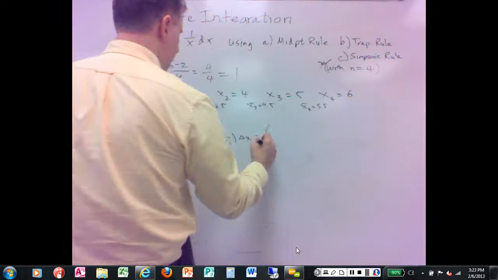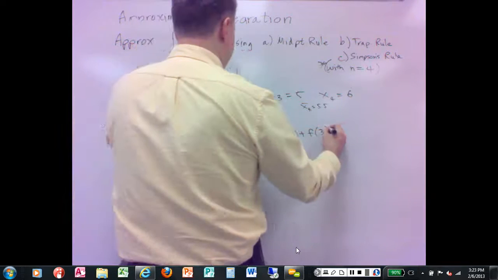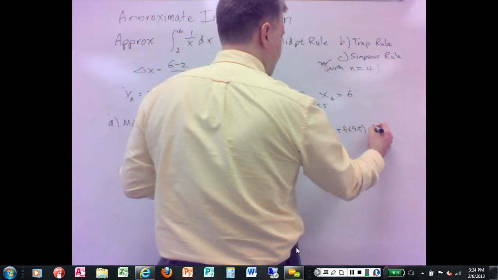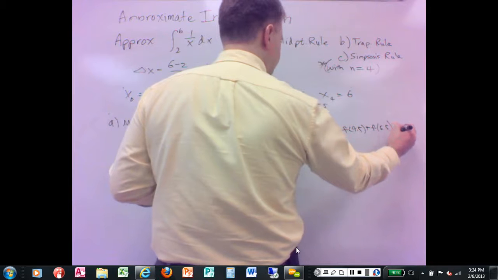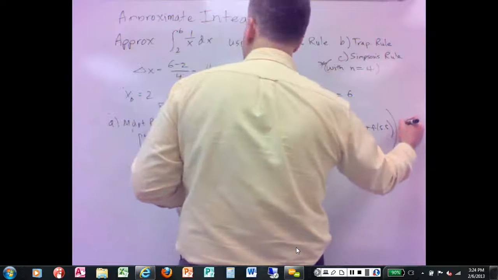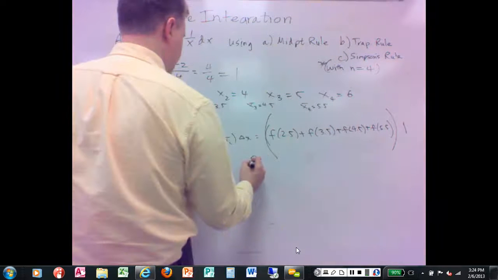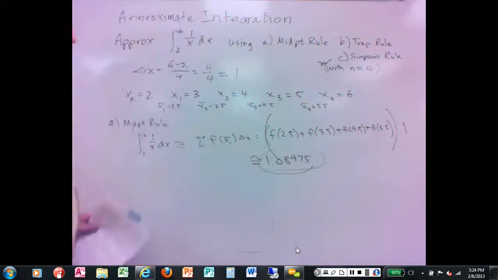In other words, it would be f of 2.5, f of 3.5, f of 4.5, f of 5.5, all that times delta x, which is 1, which in this case won't add anything to it. Well, long story short, calculate that, it comes out to be approximately 1.08975 for midpoint rule.